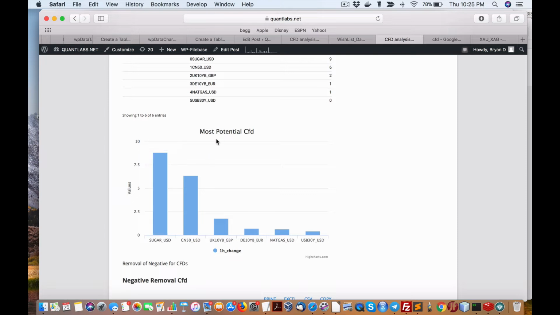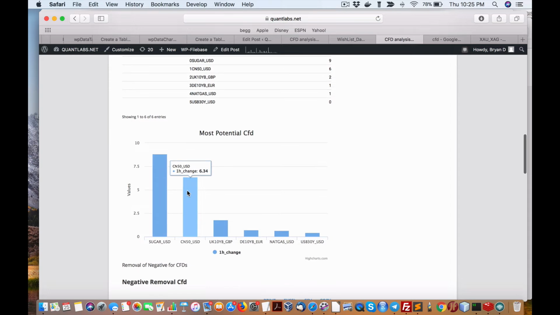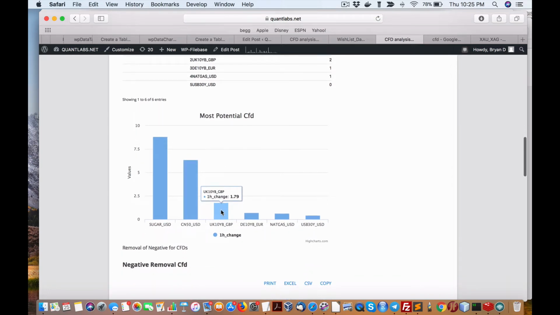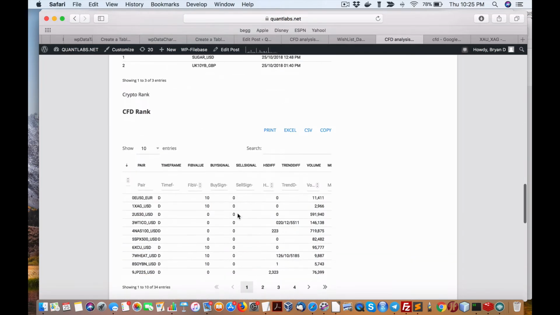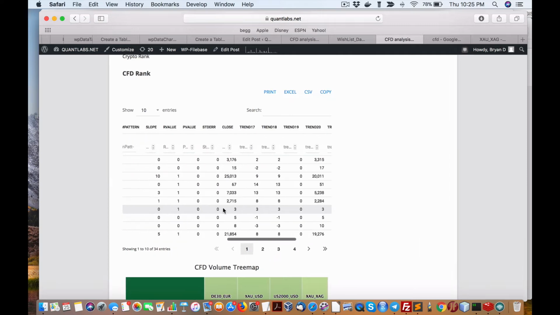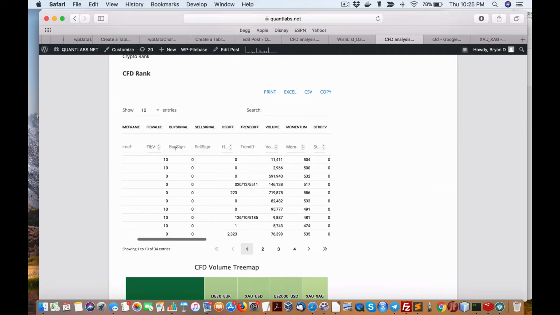So you can see here the most potential, of course, are, as I said, sugar, China 50, and maybe, if you want, the UK 10-year, because it's up 1.8%. Okay, so now what I've done is I've ranked everything, similar to what I've done in the crypto, all the different fields.